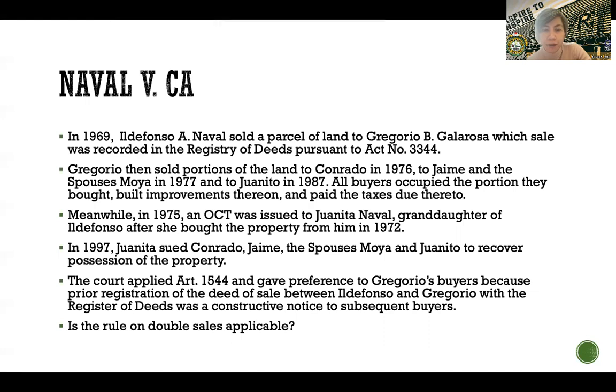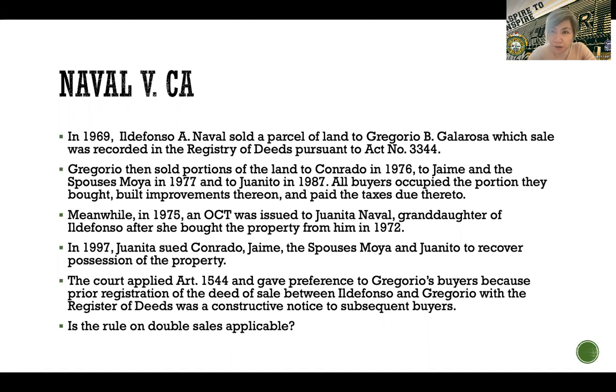Gregorio, the buyer, in turn sold portions of the land to Conrado in 1976, to Jaime and the spouses Moya in 1977, and again in 1987, he sold portions to Juanito. All buyers occupied the portion that they bought. They built improvements on their portions and they paid the taxes corresponding to their portions.